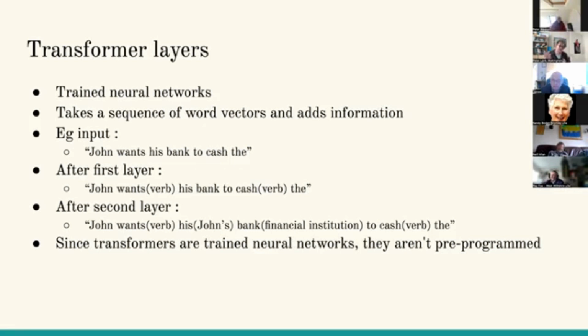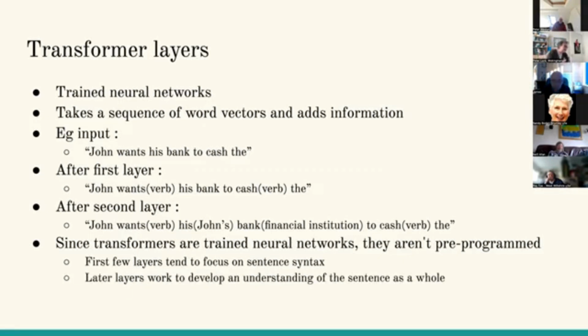They've just been trained with massive amounts of text and all these weights have been set. If you've got billions of these weights, it's hard to figure out how the system, which is apparently behaving very well, actually works. Having said that, we can see that the first few layers of transformers tend to focus on sentence syntax, and the later layers tend to develop an understanding of the sentence as a whole.